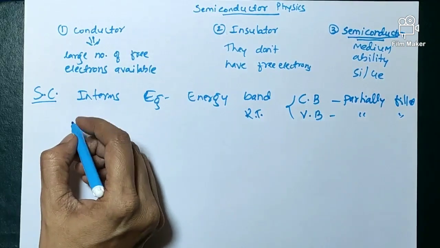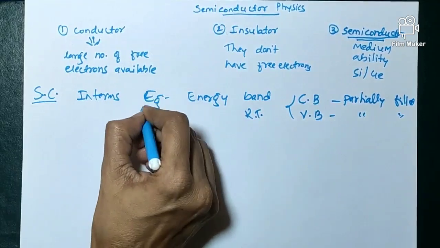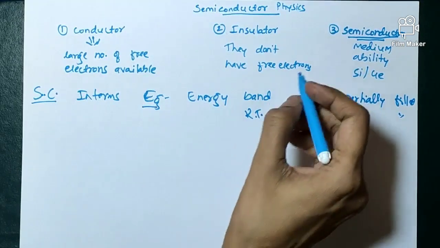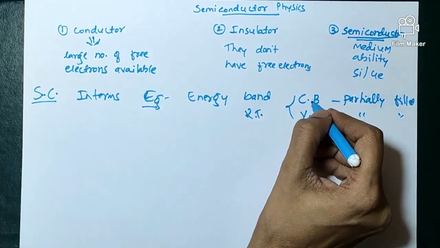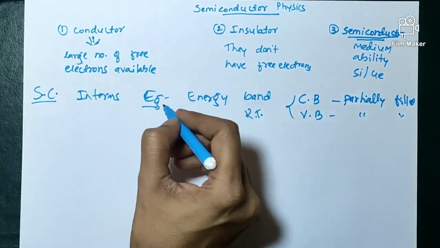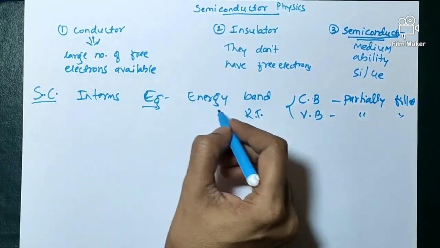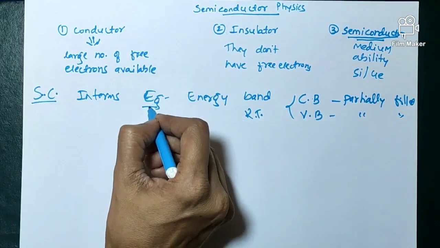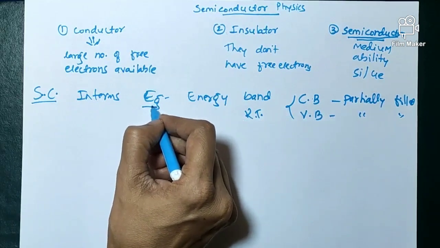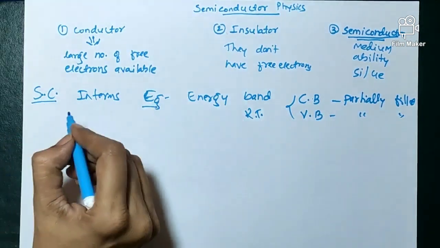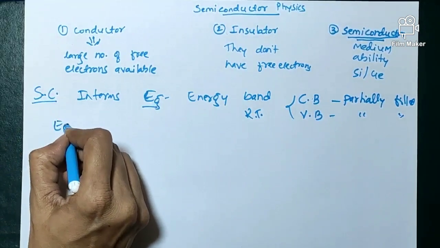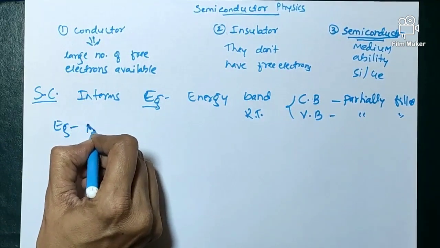And EG is the energy gap, that is, the gap between the conduction band and the valence band, which we call the energy gap or forbidden band. This forbidden band or energy gap is very narrow in the case of a semiconductor.